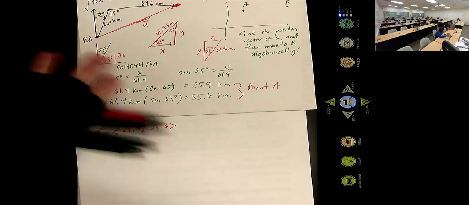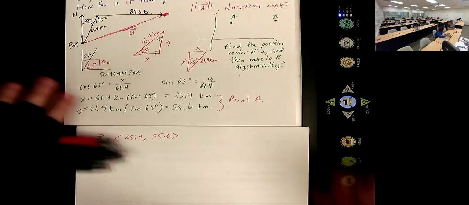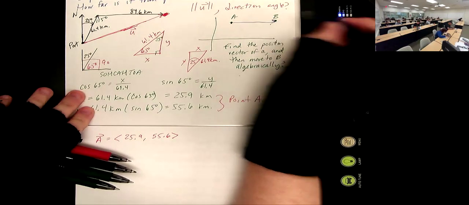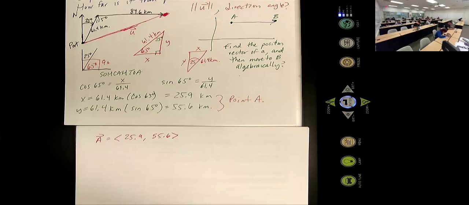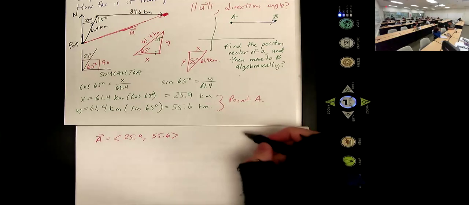Now, point B is due east, straight east. What value is changing here? X. X is changing.